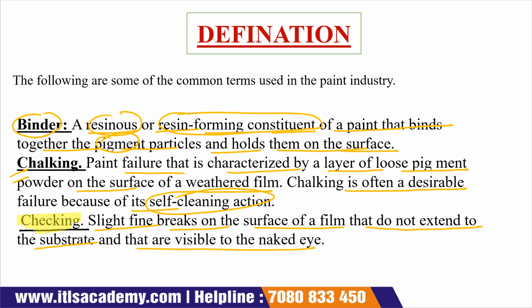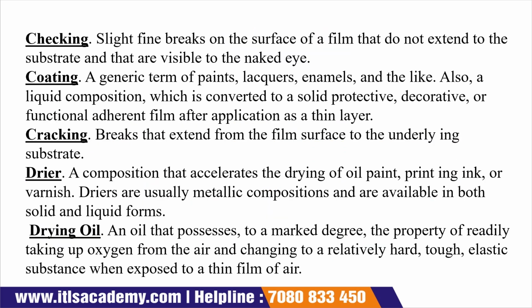Checking is simply slight line breaks which appear on the surface of the film, do not extend to the substrate, and can be easily seen by the naked eye. That is called checking. Next is coating. Coating is a generic term for paint, lacquer, enamel and the like.